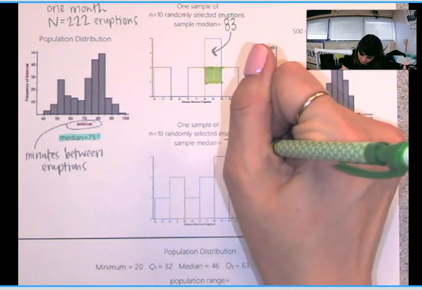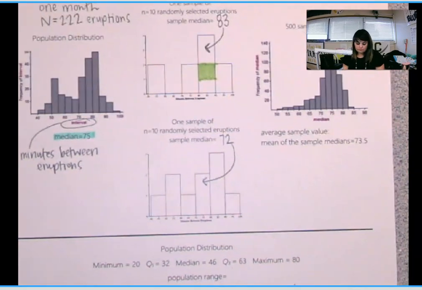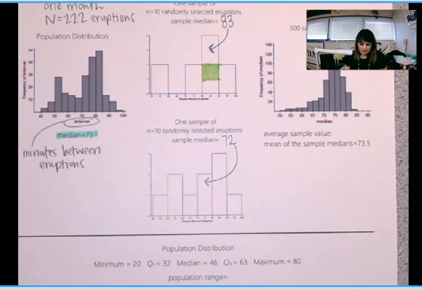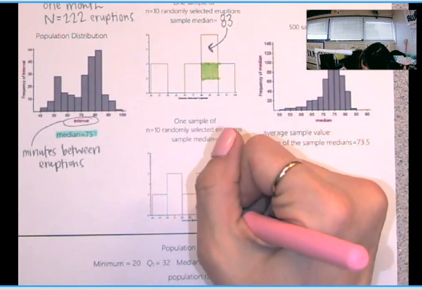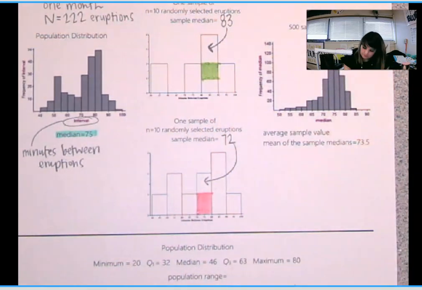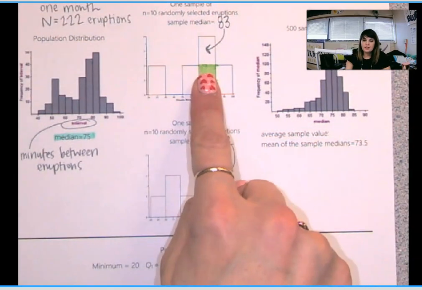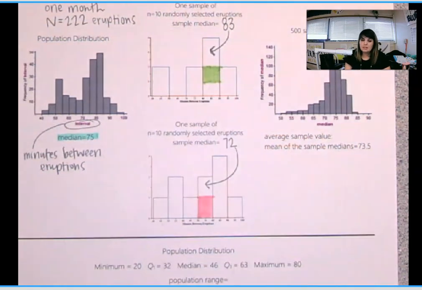So this one is in this bin, and I can give it its own color. Maybe it's this observation. I don't know for sure that 83 would be here and 72 would be here. It's okay for me to say, maybe it's this one, maybe it's this one.